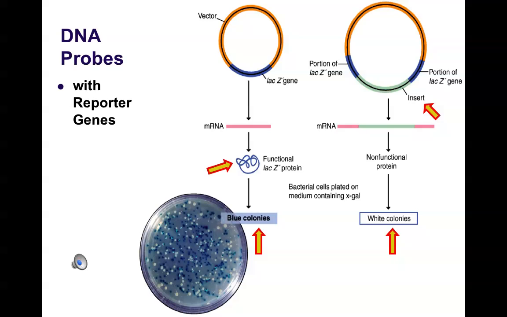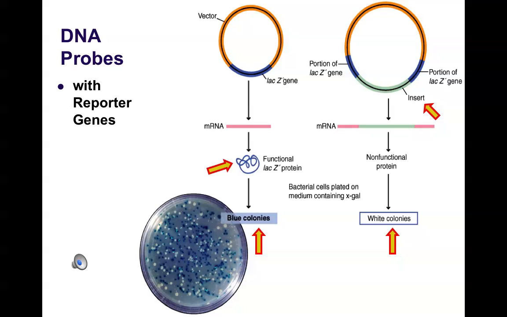And it's the LacZ protein that helps produce the blue colonies. If we've inserted new DNA within that LacZ gene, then when that's transcribed and translated, we have no functional LacZ protein. And so we get white colonies.